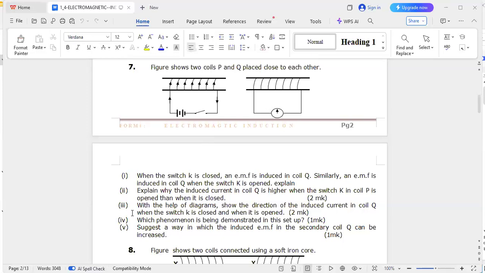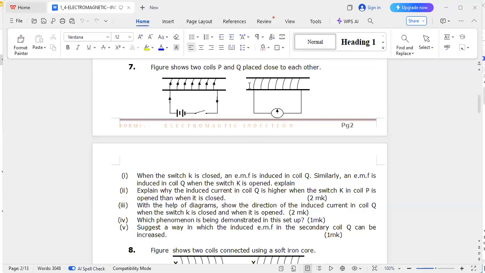Roman 3, with the help of diagrams, show the direction of the induced current in Q when the switch is closed and when it is opened. As I said, you need to know that if this is north, this is south. When we switch on the switch, this is north, south.